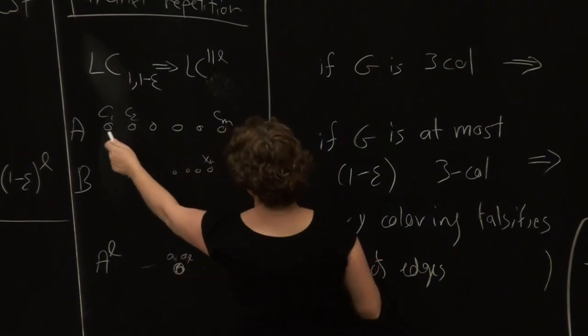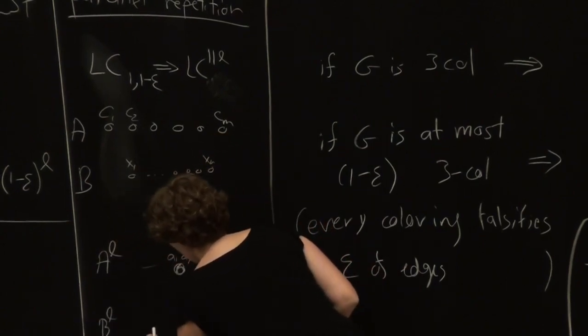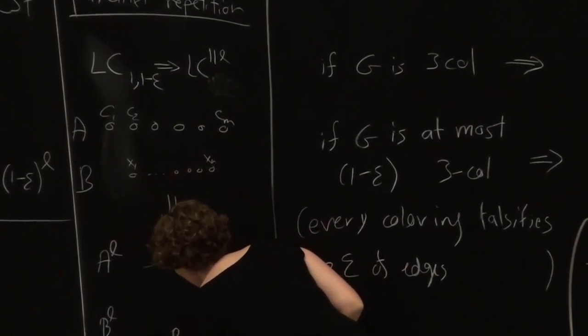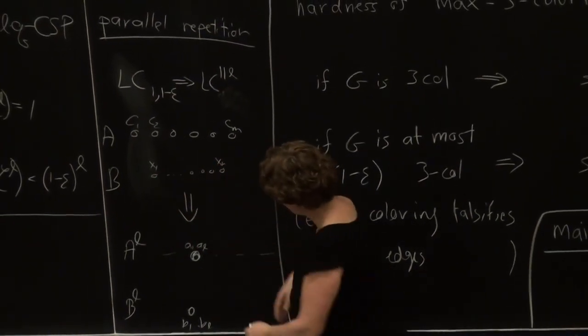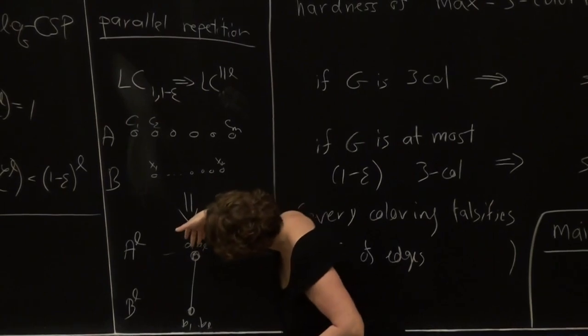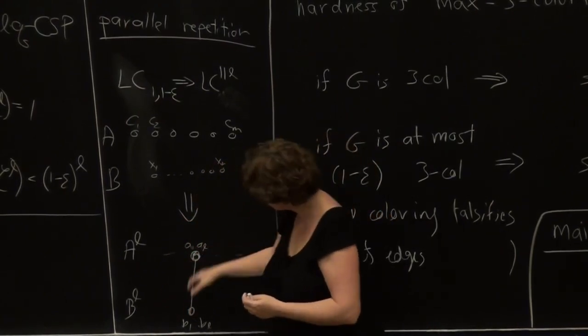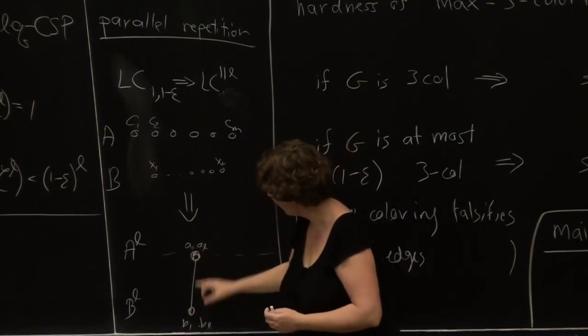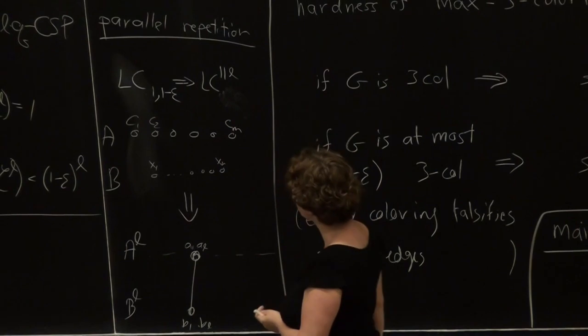Every vertex in the bottom part will also correspond to some B1 to BL. You will have an edge if there were edges coordinate-wise, and the constraint on the edge will check that all the L constraints have been satisfied before. So this is the parallel repetition transformation.